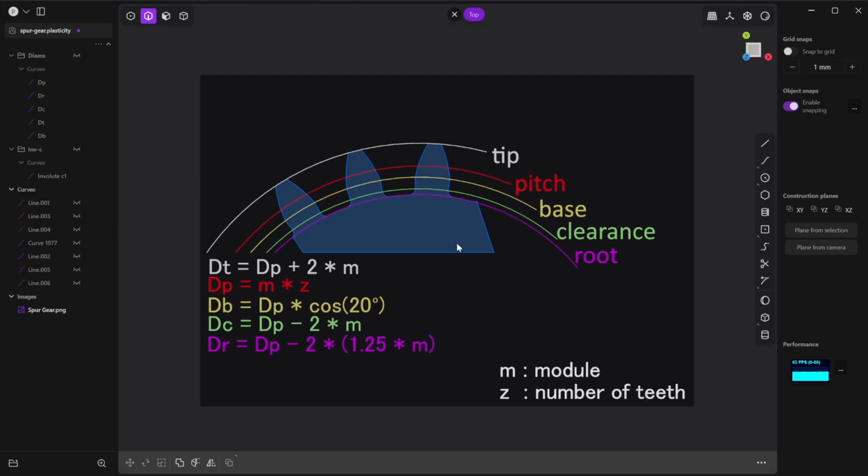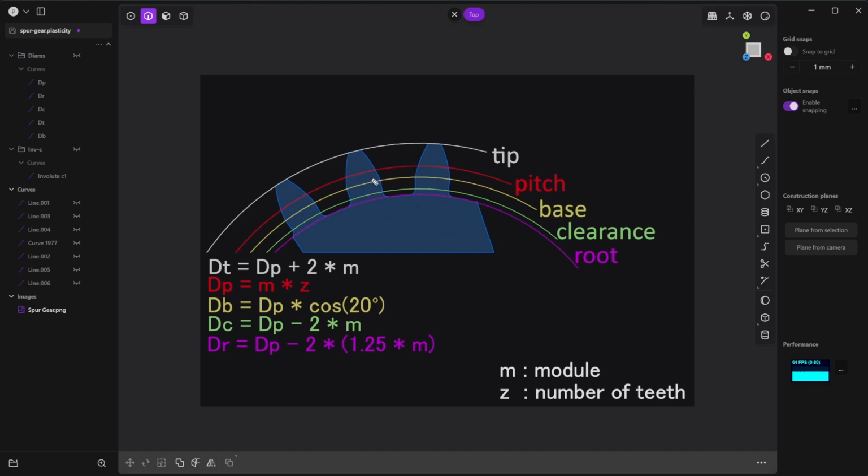I'm bringing back this diagram so we can talk a little bit about how to find the axis or curve around which we want to mirror the involute curve we just created. I mentioned at the beginning that the gear I'm constructing has 20 teeth, meaning that the angle of the arc is 360 divided by 20. This means 18 degrees.